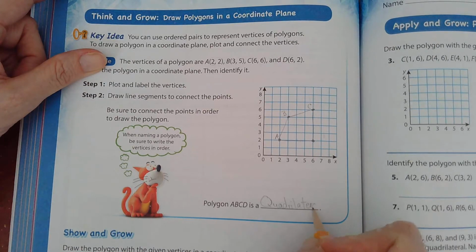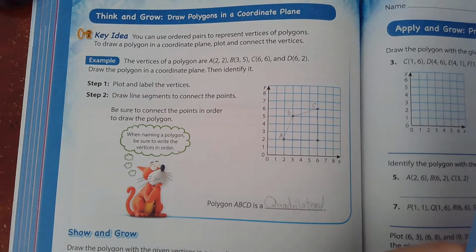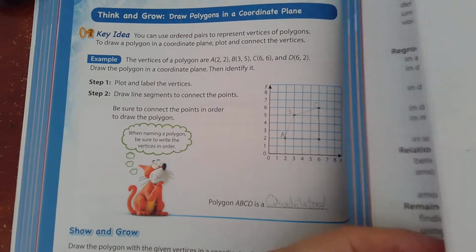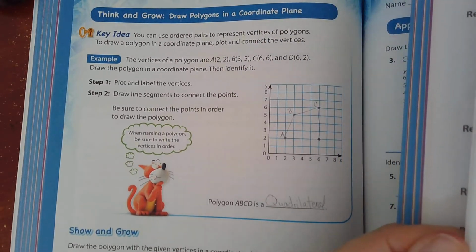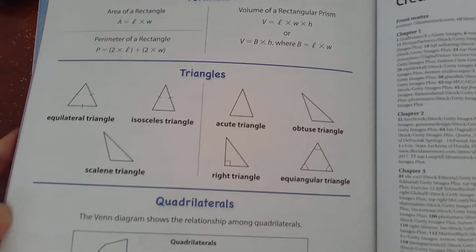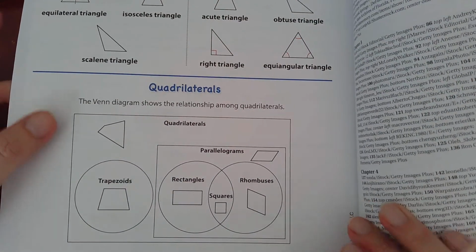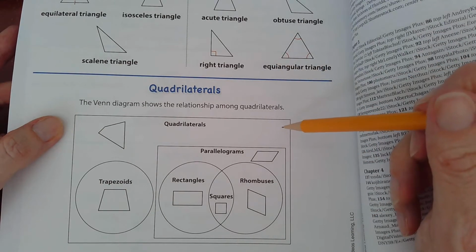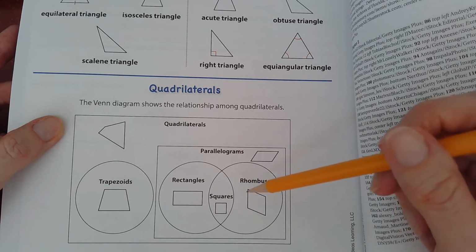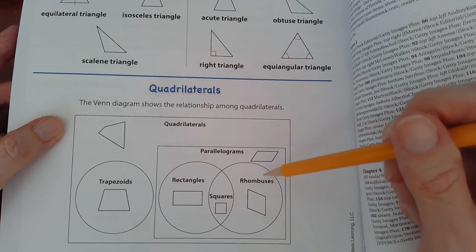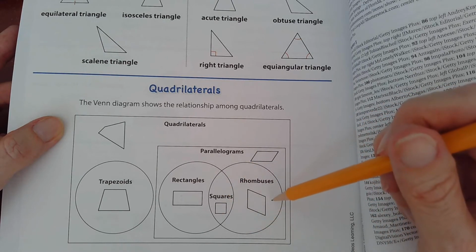And I wanted to show you in the very back of your book, right? It's a reference sheet. My book says A26, and I'm not sure if that's going to be the same as yours, but this shows all the different types of quadrilaterals. Rhombuses and squares, four parallel sides.